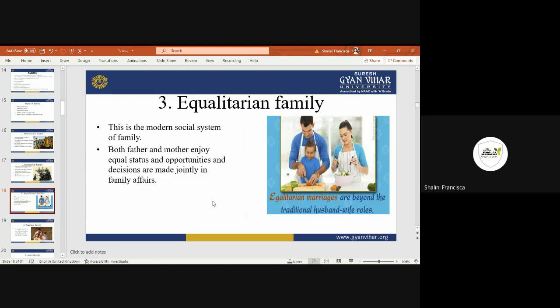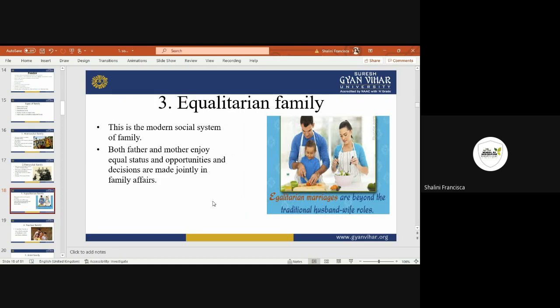And here, what does the word equitarian mean? Equal responsibility that is disseminated between husband and wife. This is the modern social system of family.